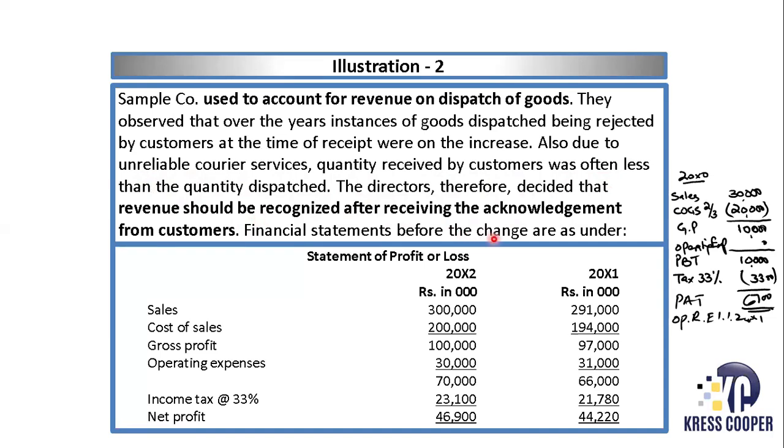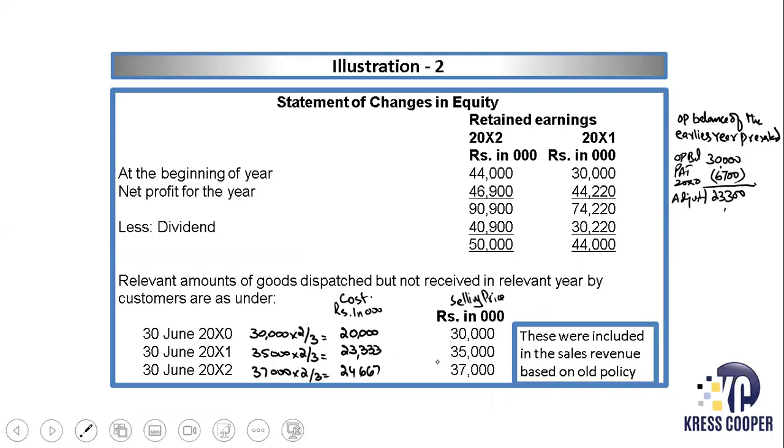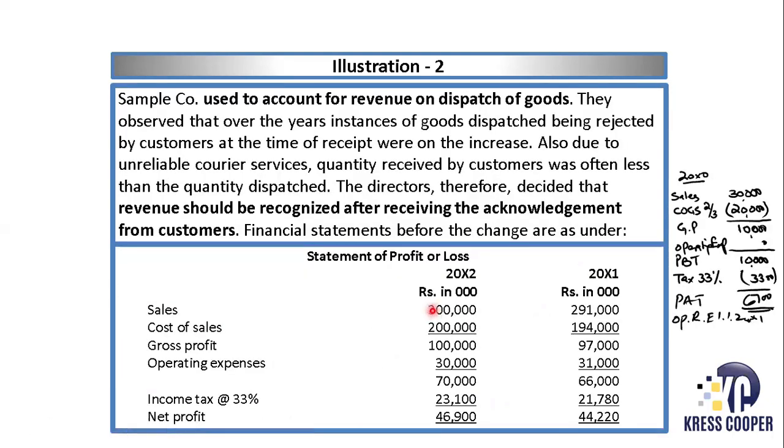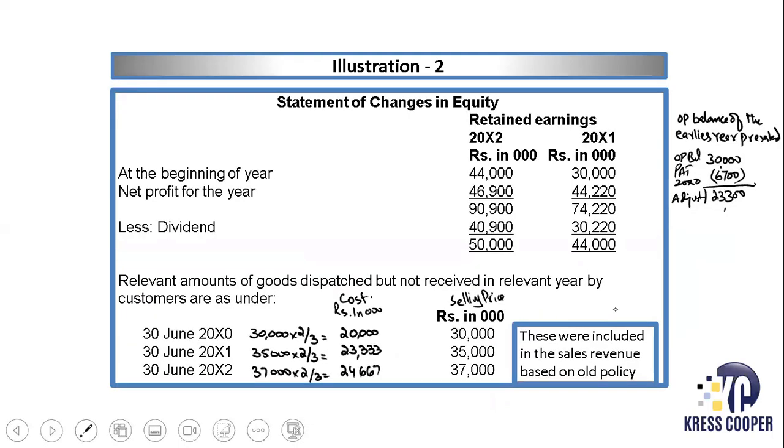So the financial statements before the change showed sales in the current year of 300,000 and in the previous year of 291,000. Just leave the other information for the time being and jump to the next slide. So the sales of 300,000 and 291,000 will be changed based on the current scenario, and the relevant amounts of goods dispatched but not received by the customers in the relevant years are as under.